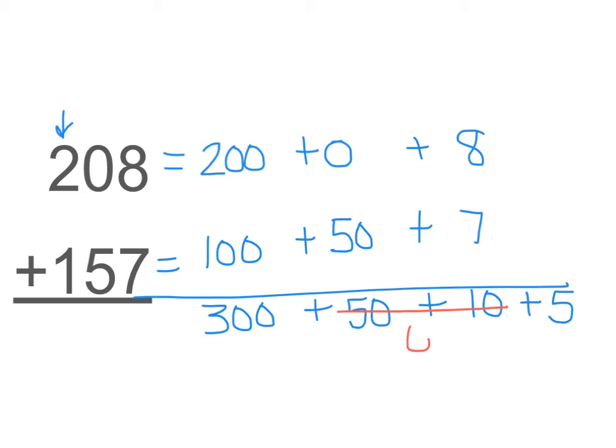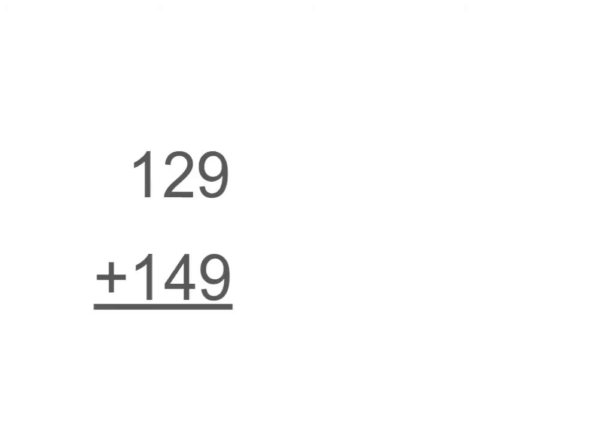Combine your like terms of 50 plus 10 into a 60. 300 plus 60 plus 5 equals 365. We're doing a great job today.